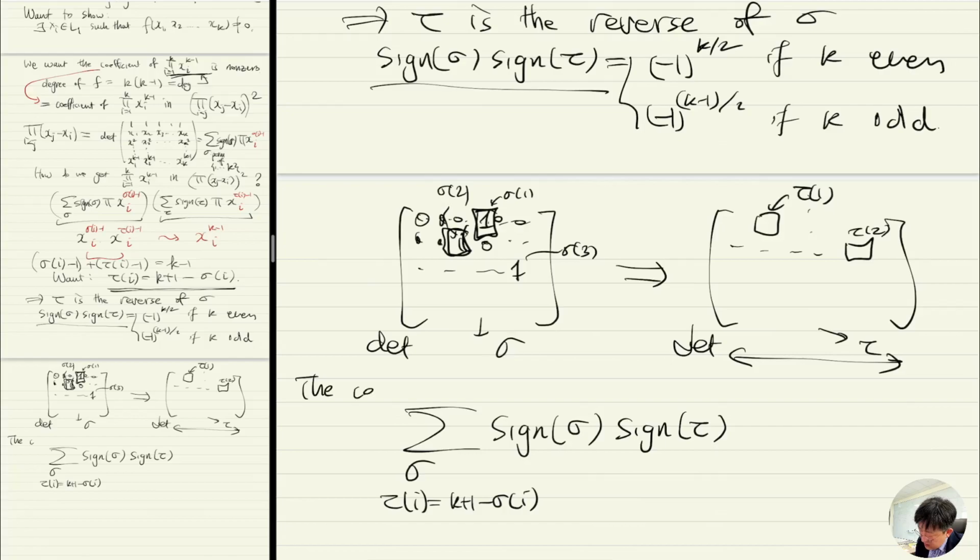So we are interested in the coefficient of the product of x_i to the k minus 1 in this sum.